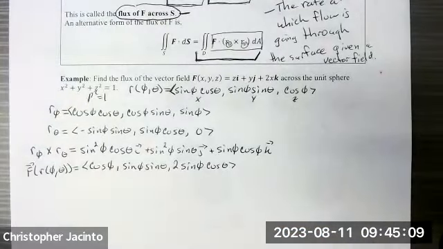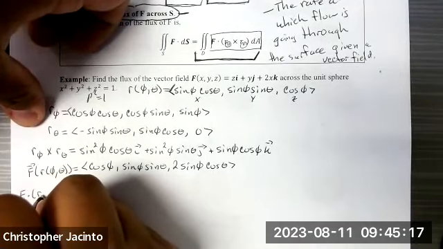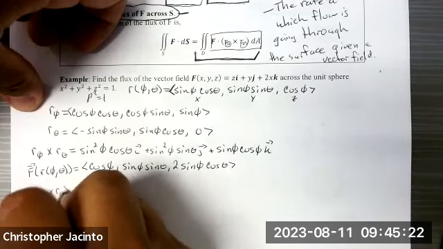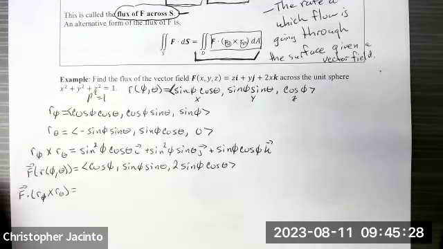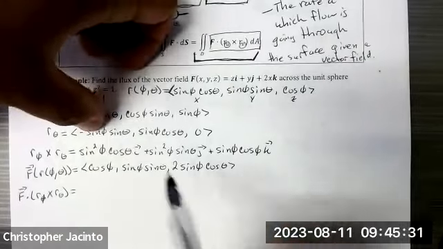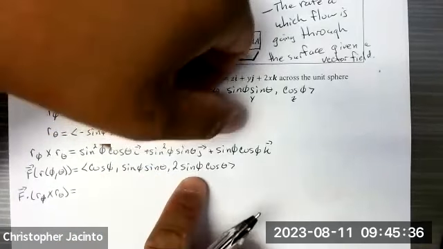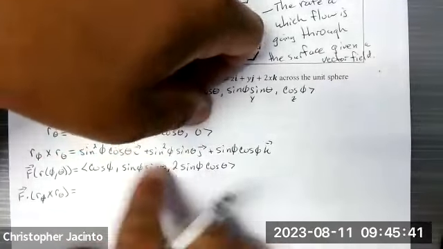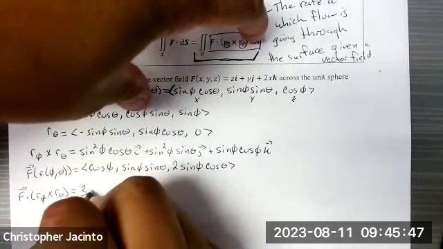Finally, notice it's just a setup. This is the worst part. We're going to do the dot product. Remember, that means this times this plus that times that plus that times that. After multiplying each one and adding everything together, you get this.